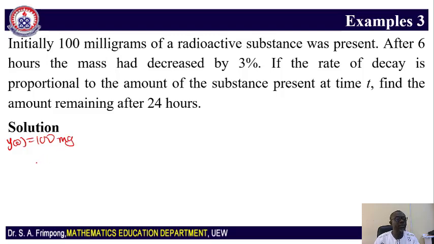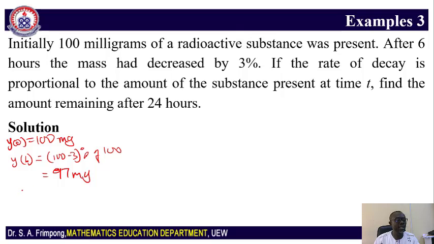Then, we have been told that after 6 hours, it has been decreased by 3%. That means that 100 minus 3% of the 100 milligrams remains. That will be 97 milligrams remaining.